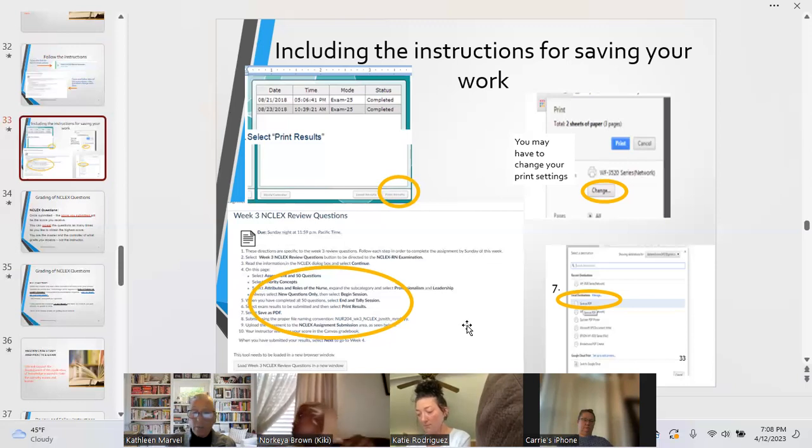If you submit the NCLEX way ahead of time, you're not going to get credit for that week if you show up for class, because you don't have your 2 entries. So if you want to do all your NCLEXs ahead of time, just don't submit them till the week they're due. You can put them in a holding pattern, but don't submit them until they're due. Does that make sense?